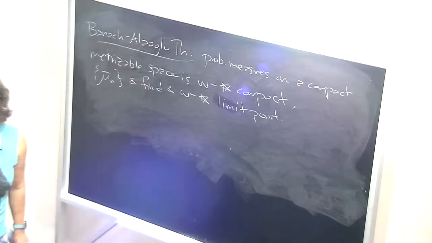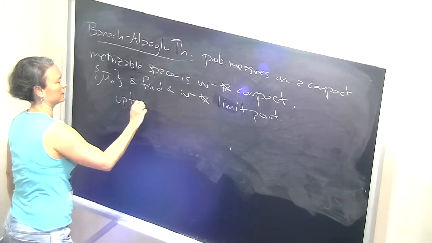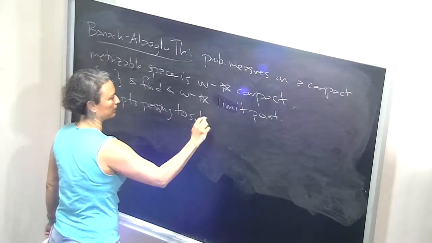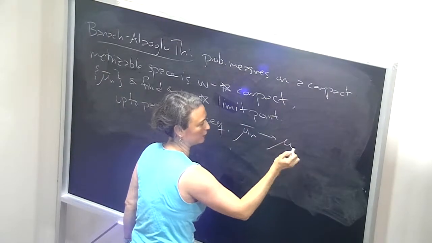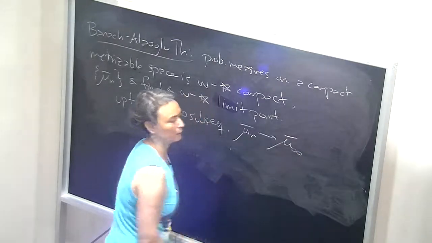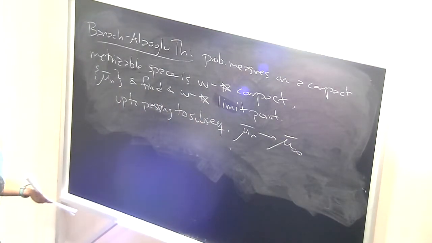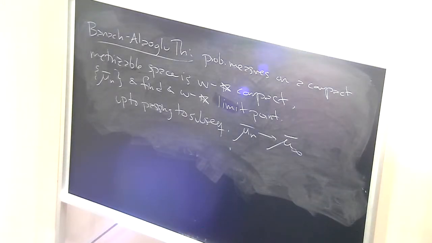Okay? So up to passing to a subsequence, the mu n bar will converge to, let's say, mu infinity bar. So now, what property is this mu infinity bar going to have?